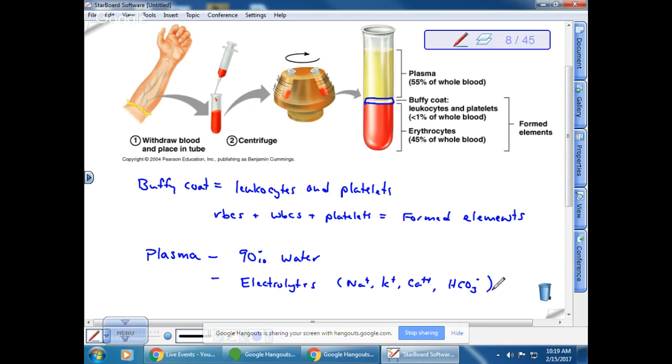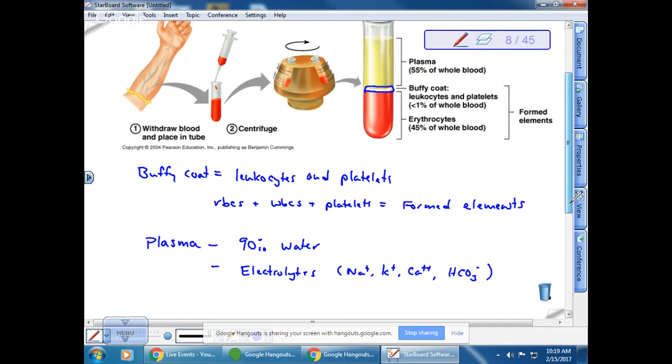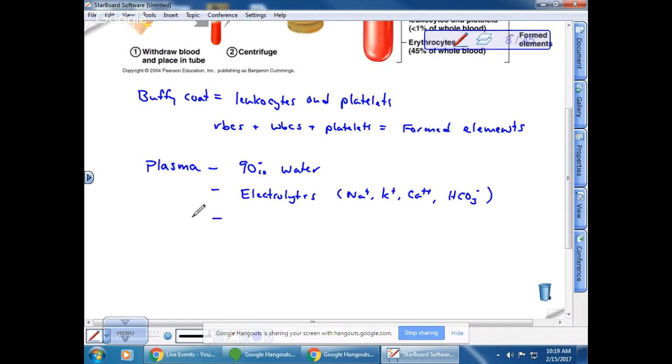They're called electrolytes because if you had these in pure water, electricity would be able to be transmitted through it because of the difference in charge. Okay, so those are the electrolytes. We also have, like I mentioned before, the hormones and the antibodies, but we also have clotting factors.